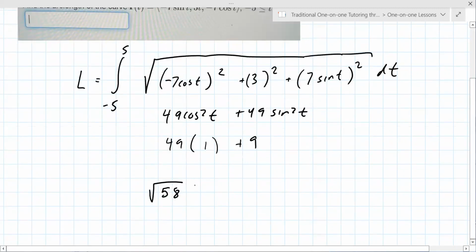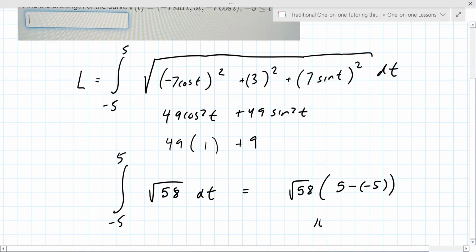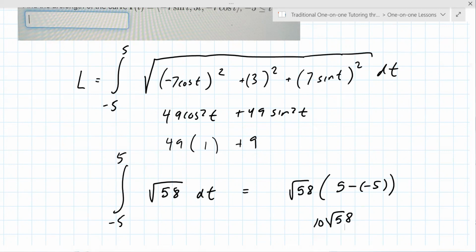So it's the square root of 58 dt, and you're doing the integral of this from -5 to 5. The answer is the square root of 58 times (5 minus -5), so it's 10 square root 58. Why would you do the 5?